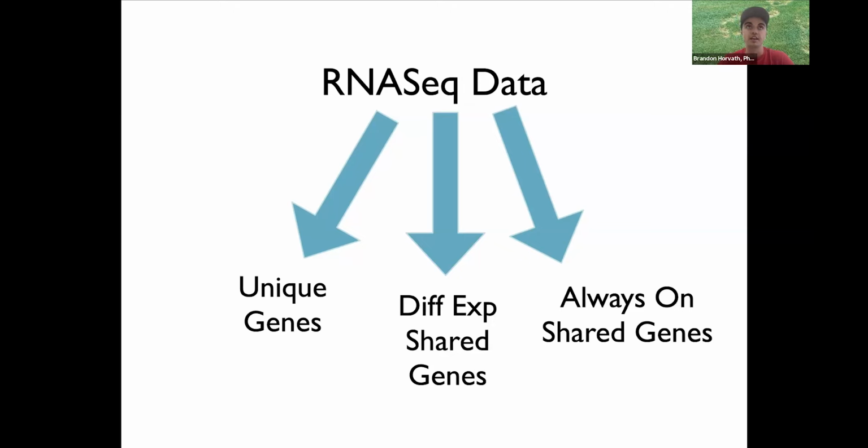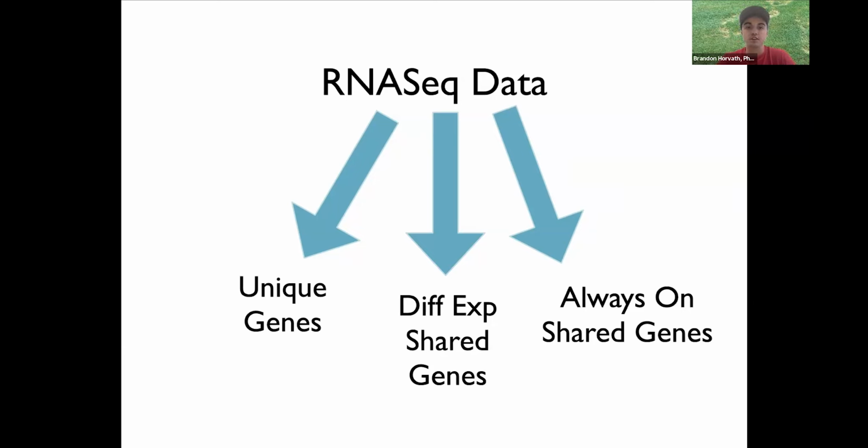And so we can look at, is there a different expression between colonial and creeping? And so maybe there's some genes that are being upregulated at a higher rate in the colonial, and that's conferring resistance in the field. The last pathway was looking at genes that are always on, or constitutively expressed, in this shared population of genes.